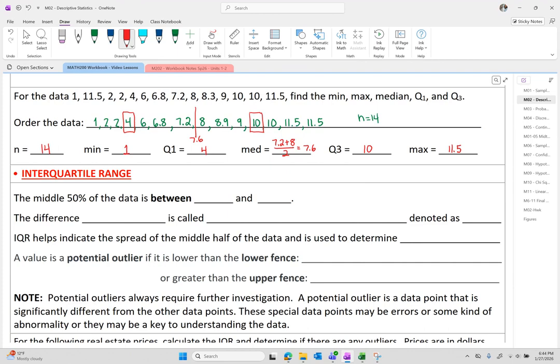The median is 7.6. It means 50% of your data, 7 data values, will be less than or equal to 7.6, and 50% of the data, the other 7 values, will be greater than 7.6, etc.